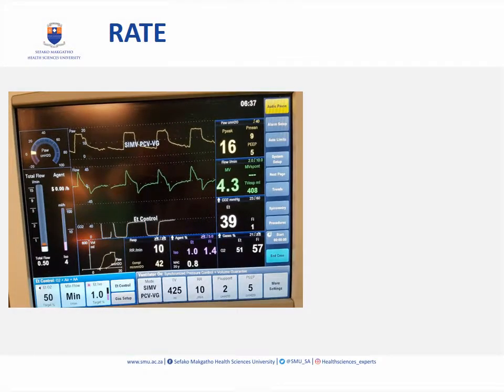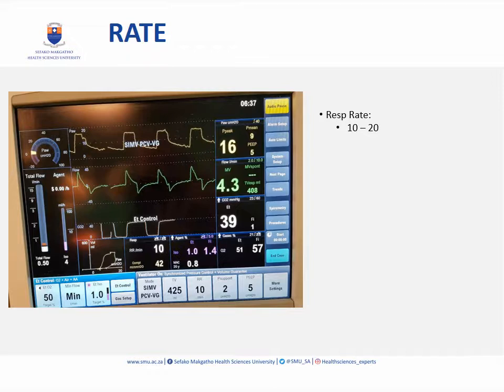When setting the rate, we need to consider what the normal respiratory rate for the patient would be, and also what the end tidal partial pressure of carbon dioxide level is that we want to target. Now for adults, the normal respiratory rate is anything between 10 to 20 per minute.